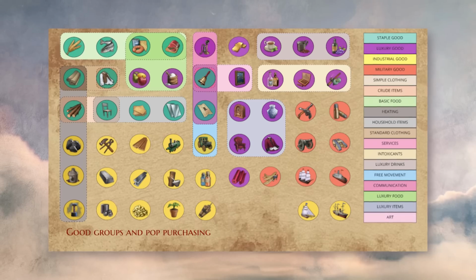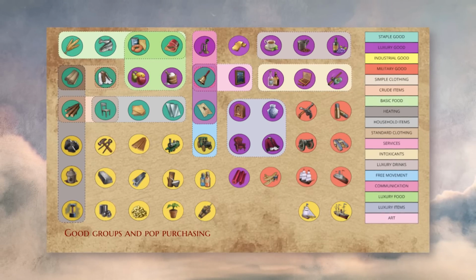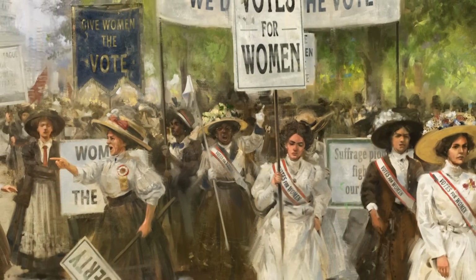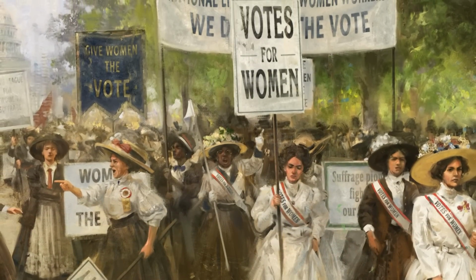This will add to the complexity of your economy and what you need to provide to make it so. Not only do you need these new machines, but you need the skilled workers who can utilize them. You will need to educate your population so they can increase their qualifications and provide these new services for you. But be careful. With increased literacy and increased wealth comes political ideas, and your pops might start making demands of you as well.